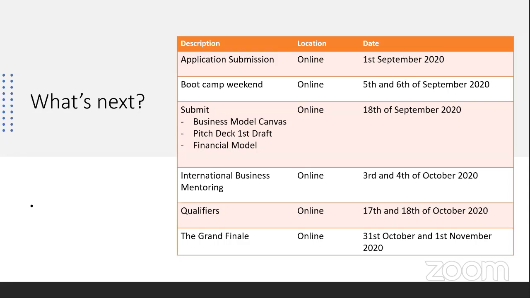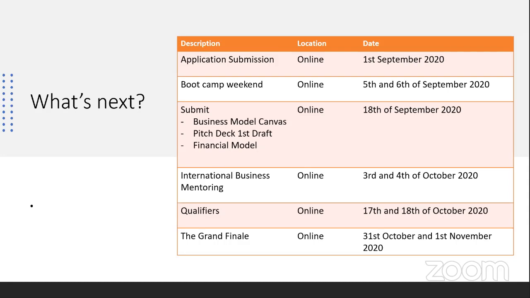After that, we'll have the qualifier, that is the initial round of Yargeek Challenge Senior Season 9 on the 17th and 18th of October. From these qualifiers, roughly 8 to 10 teams will be selected for the grand finale, which will happen on the 31st and 1st of November. So this is the plan for YGC Season 9 Senior.